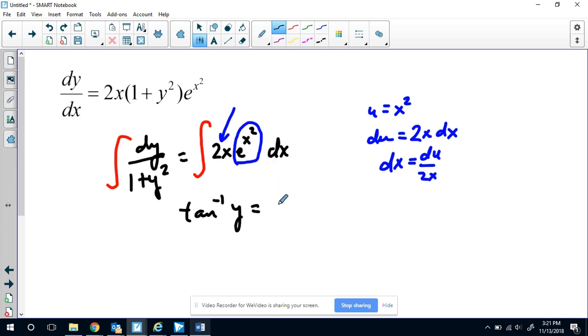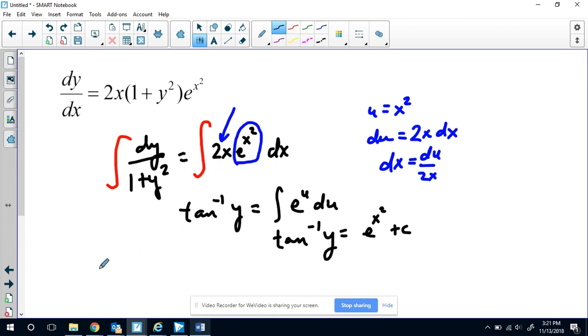So I end up with the integral of e to the u du, since when I sub in du over 2x, that cancels out with the 2x. So when I take the integral of that, I have tangent inverse of y equals e to the u. And so I can just replace this with e to the x squared, and then I have plus c.